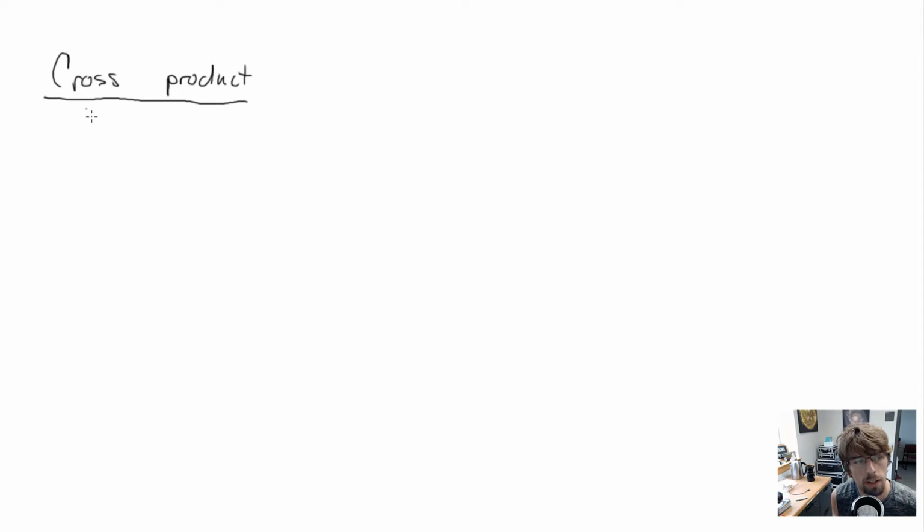The first thing we should note about how this differs is that we get a vector output, a vector resultant. In other words, once you perform the cross product, you end up with a vector. So in that sense, it's somewhat like scalar multiplication. But the difference is that the resultant vector r is always going to be perpendicular to both a and b.